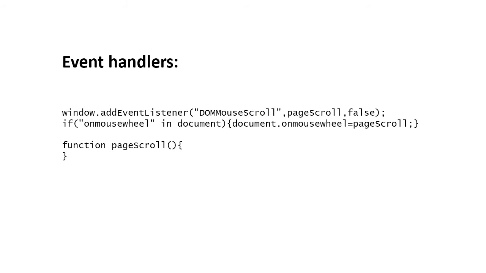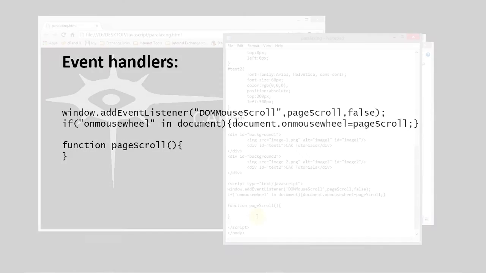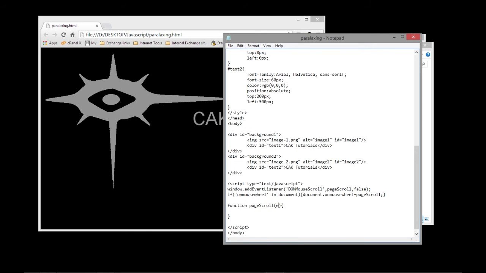So what do we need to do in here? Well, the first thing we need to do in our function is get this event. So I'm just going to put an e here as a variable in our argument. And first thing I need to do is check to see if, in fact, e exists.